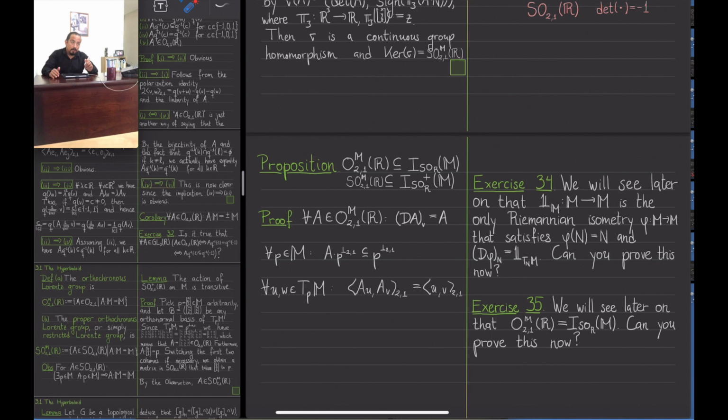Okay. Now we are assuming that our isometry does not come from a matrix. So when you compose, going with the matrix and then coming back with the inverse, you obtain an isometry that fixes the North Pole, whose derivative at the North Pole is the identity, but does not come from a matrix.